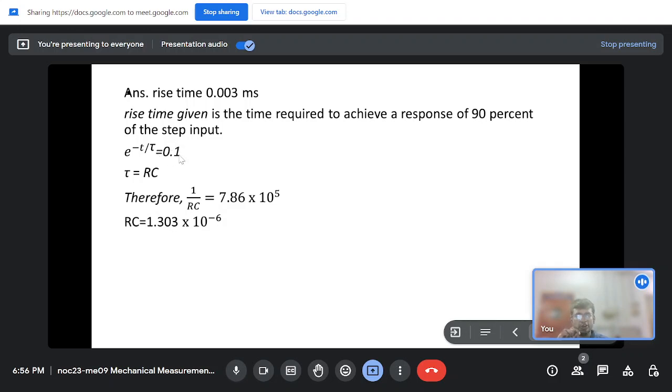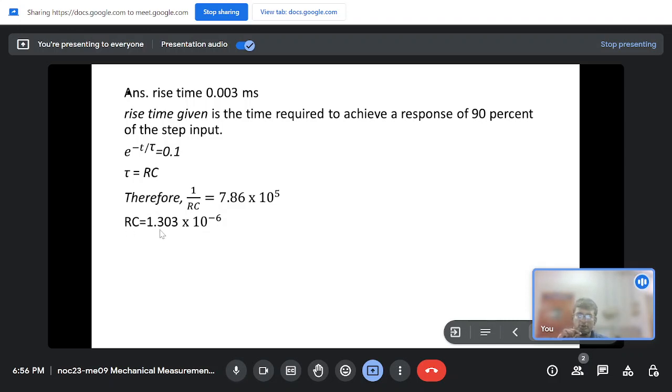So that is 0.1. So when we solve this, we get 1 by tau as 7.86 into 10 power 5. So that is what we get. So RC is what we need to find out. RC is 1.303. When we take the reciprocal or inverse of this, we will get 1.303 into 10 power minus 6 as the time constant.